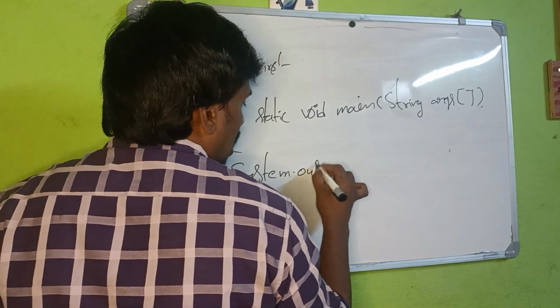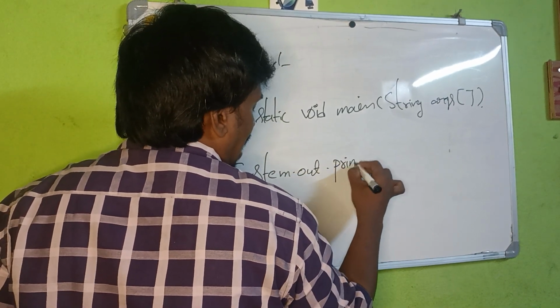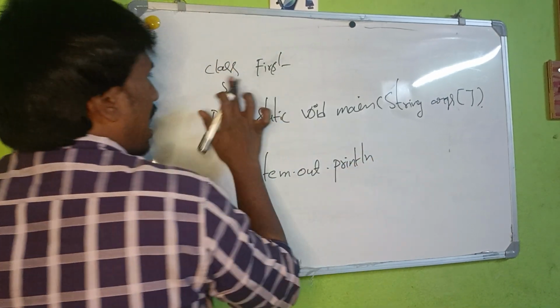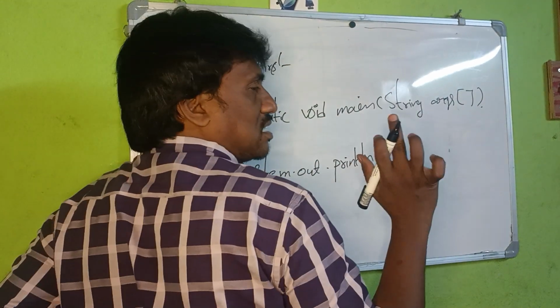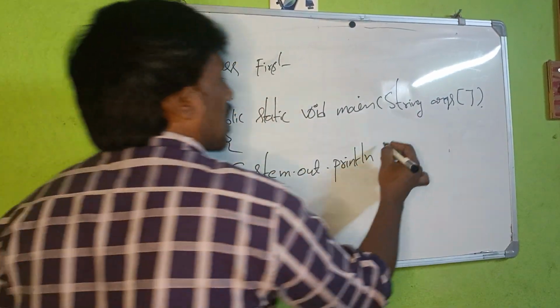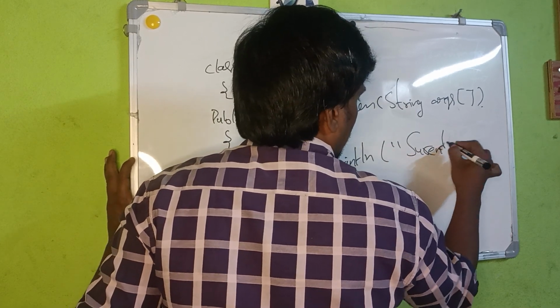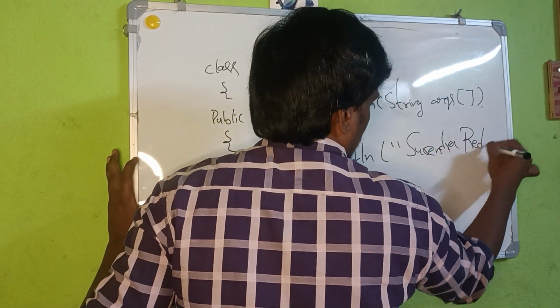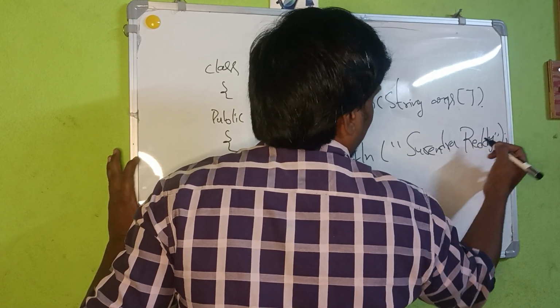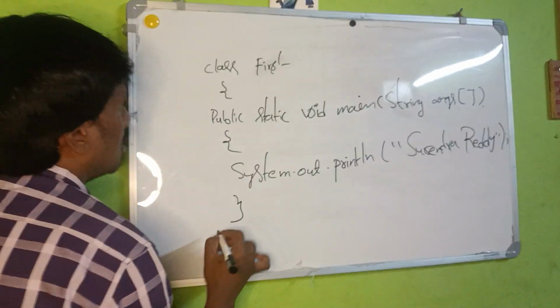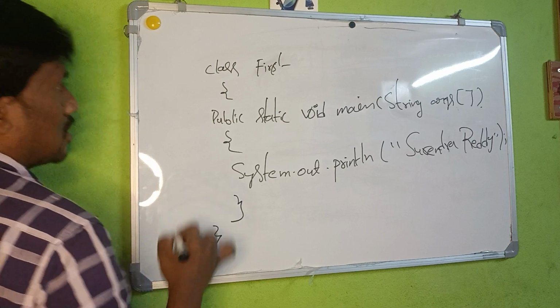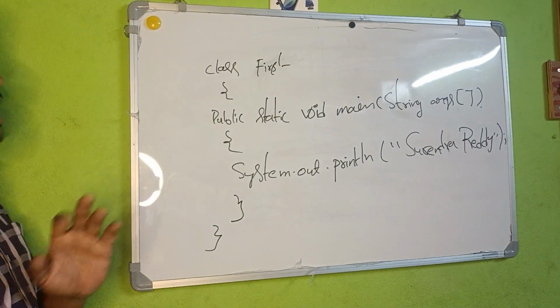I will tell how to write this and the meaning of each part later, but this is a very basic introduction. I am just writing my name over here. If you want to print your name, whatever you want, then close the main and close the class. This is the basic Java program.